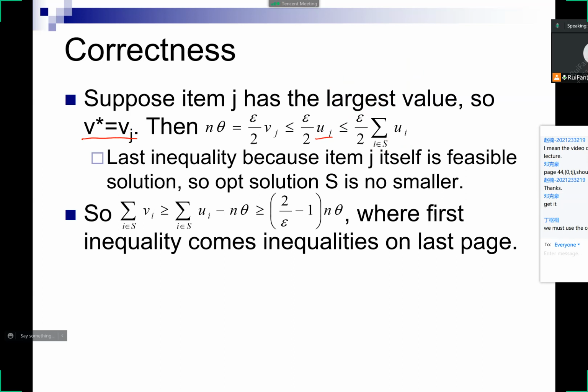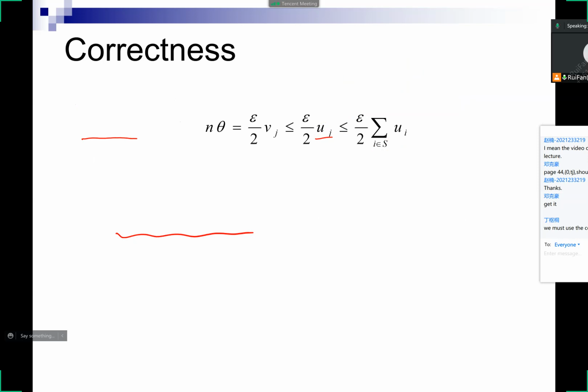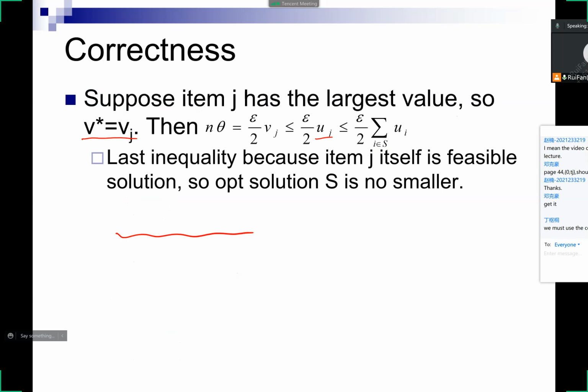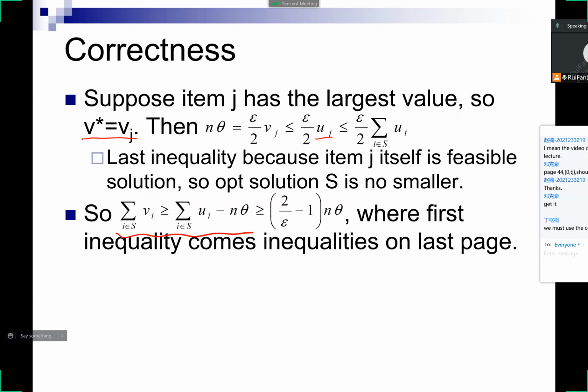Then we have this inequality, which comes from what we said on the previous page, that this thing is no more than that thing. So then you just subtract it to the other side. Now we know that n theta is going to be like this.